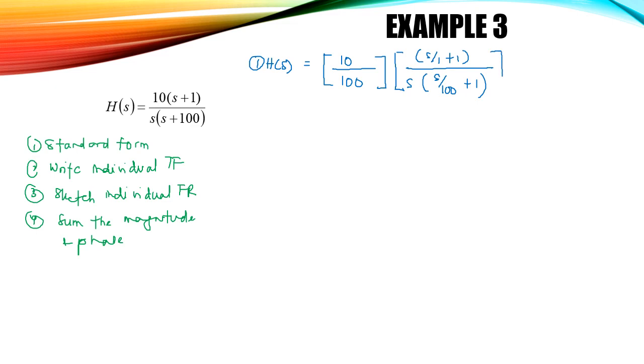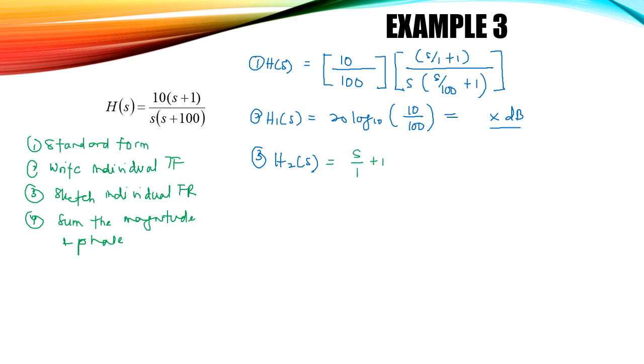In this case, now you can write the individual transfer functions. So H1(s) is the constant, 20 log of 10 over 100, so you get your answer in dB. The third one, you have the first transfer function. Next you have zeros at 1, so the equation is s over 1 plus 1.